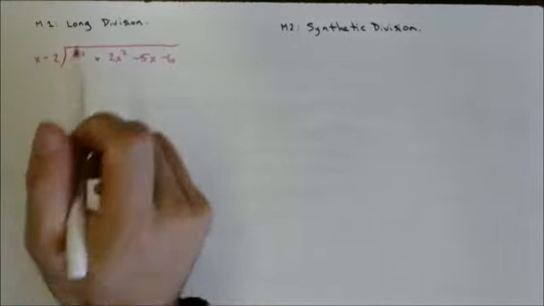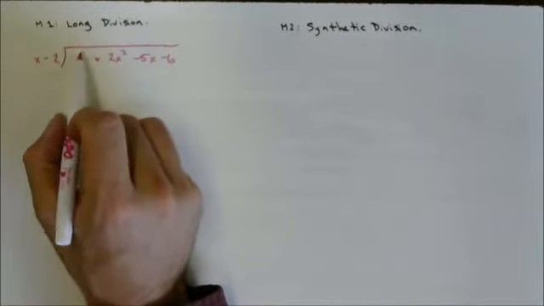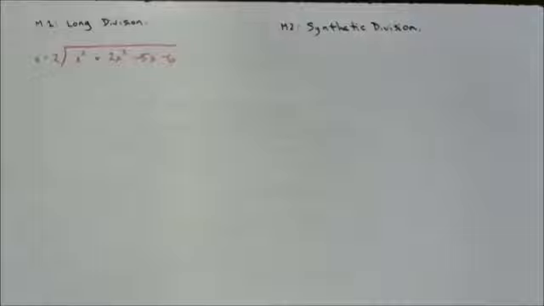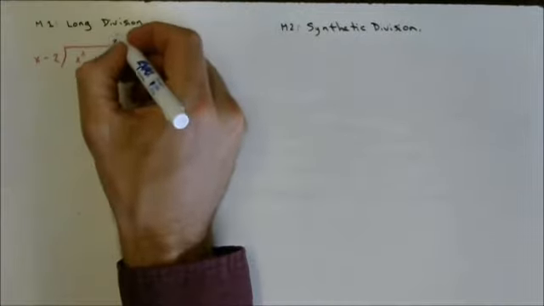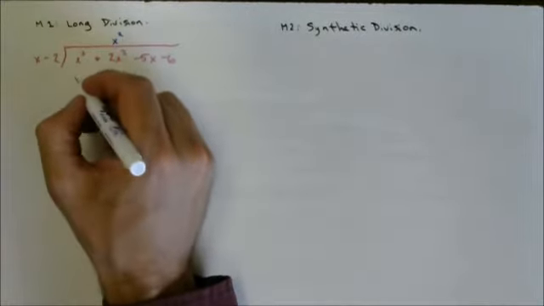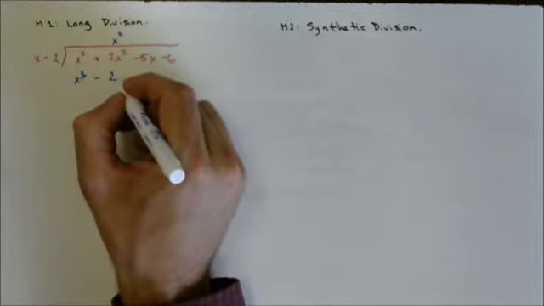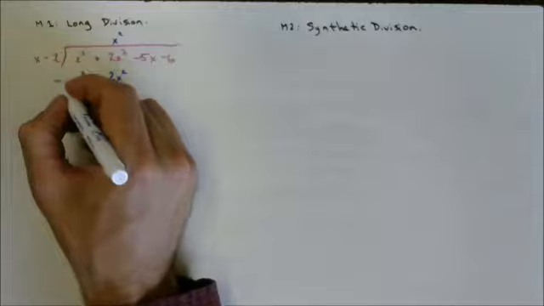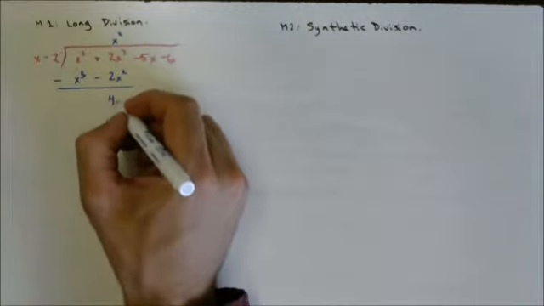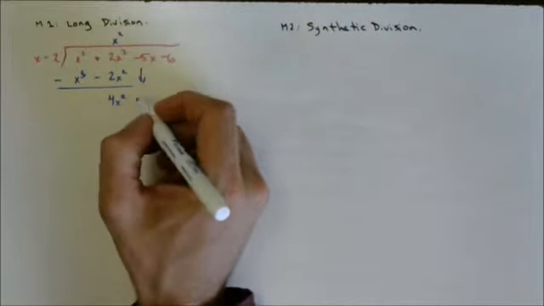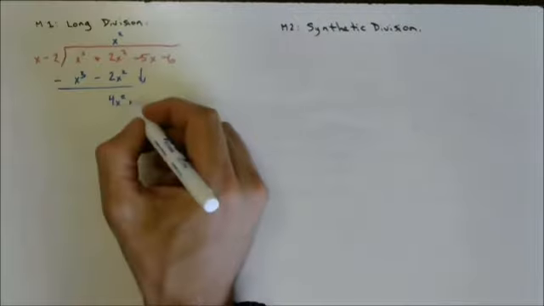You know how this goes. You divide the x cubed term by x, you end up with x squared. You multiply it down, you end up with x cubed minus 2x squared. You subtract that out, you end up with 4x squared. You bring down this term. I'm not going to finish it out.